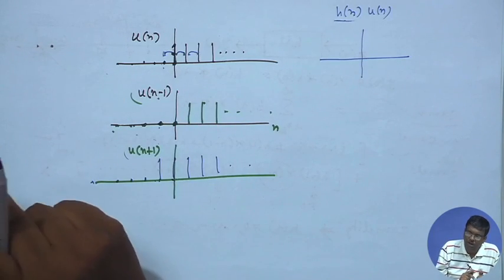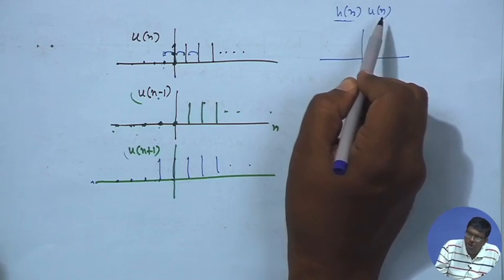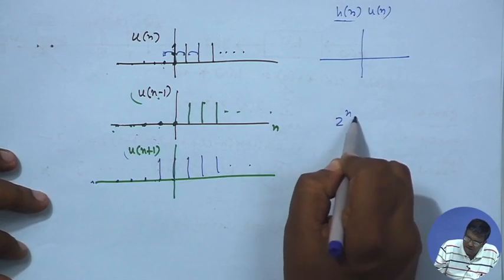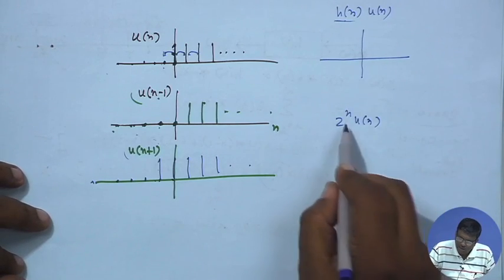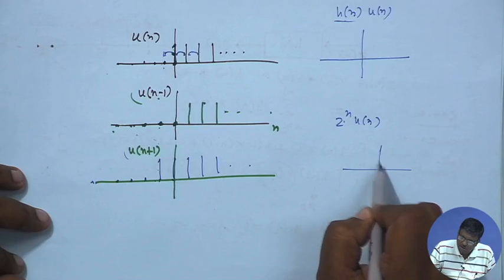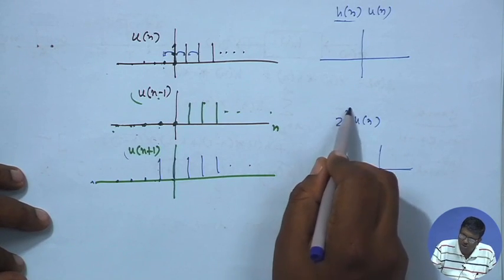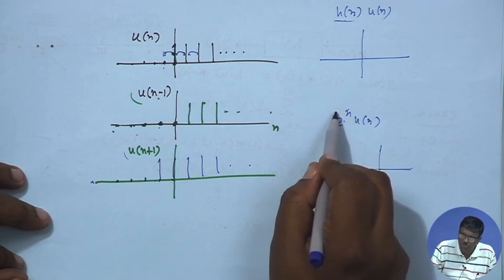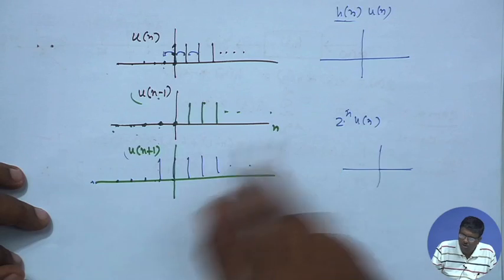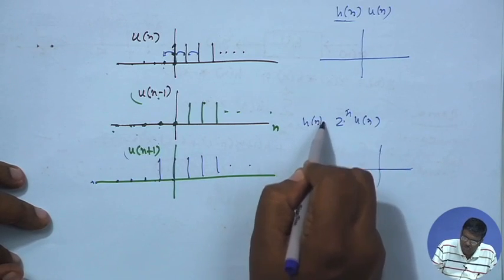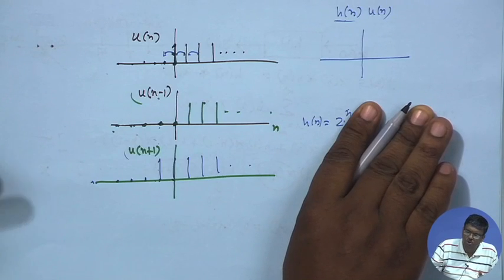So, often to indicate causal systems, we write like this, 2 to the power n times u[n]. If u[n] is not present, you will have its value for 2 to the power positive n, and for negative n also. 2 to the power 1, 2 to the power 2, 2 to the power 3 and 2 to the power minus 1, 2 to the power minus 2. So, both for negative n and positive n you will have values. If that is h[n], that is just 2 to the power n, no u[n], it will correspond to a non-causal system.